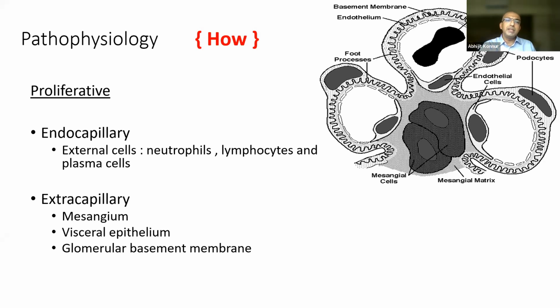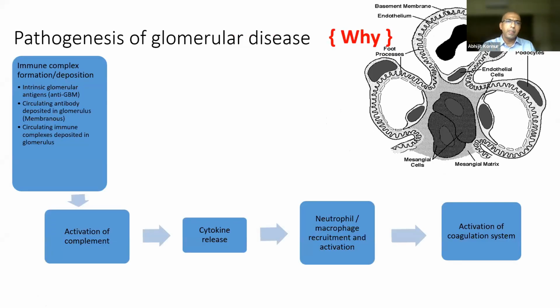These can be external cells like neutrophils, lymphocytes, and plasma cells. Extracapillary is outside the capillary, which may be mesangium, the visceral epithelium, or glomerular basement membrane. For proliferation of anything, the nomenclature is either endocapillary or extracapillary.